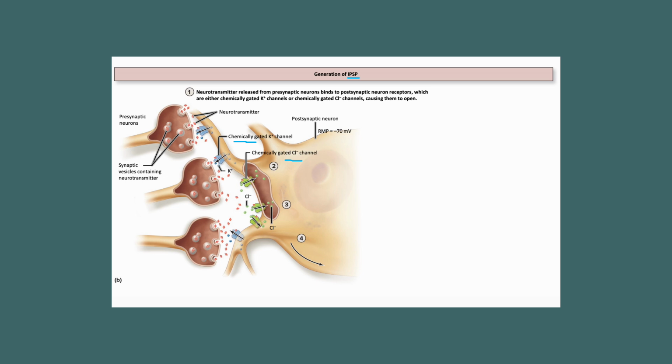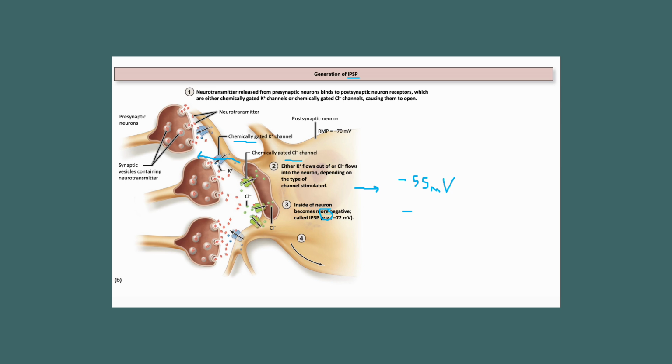Either way, it's going to move us further away from our threshold of negative 55 millivolts for action potential, right? So let's say we open a chemically gated potassium channel. Well, we've been concentrating potassium inside of this cell with our sodium potassium pump. So potassium is going to leave. We're losing a positive charge, which makes our internal environment more negative, right?